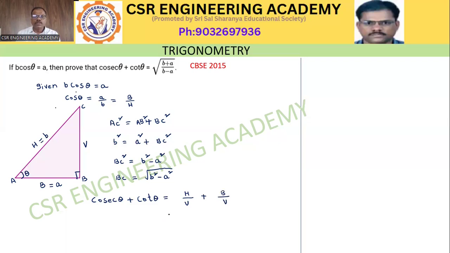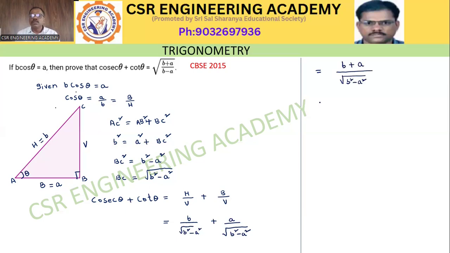Here hypotenuse is equal to AC, that is b, divided by vertical side, that is BC, which is root of b square minus a square, plus base, that is a, divided by vertical side root of b square minus a square, is equal to, taking the LCM, root of b square minus a square.